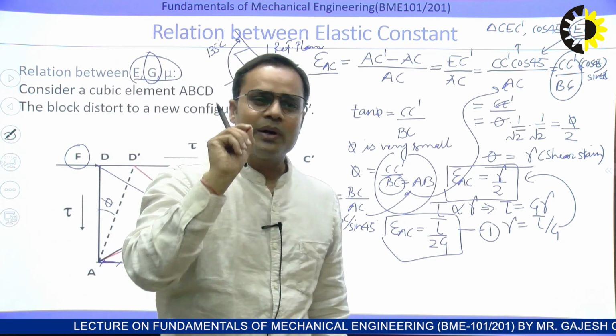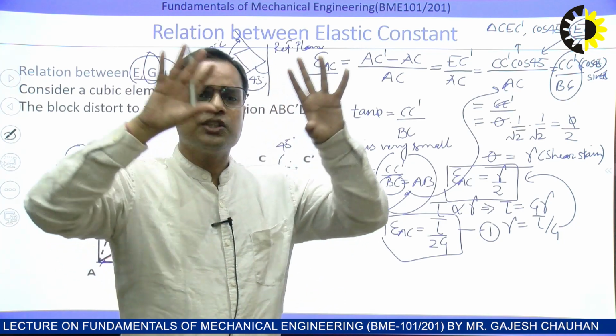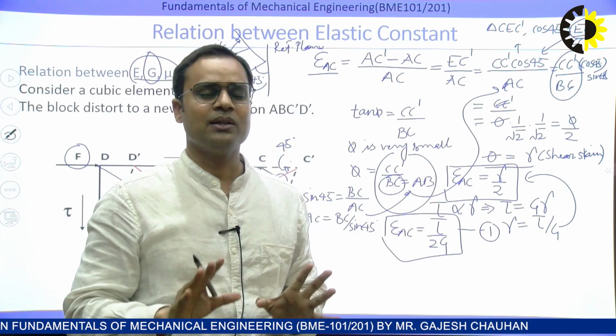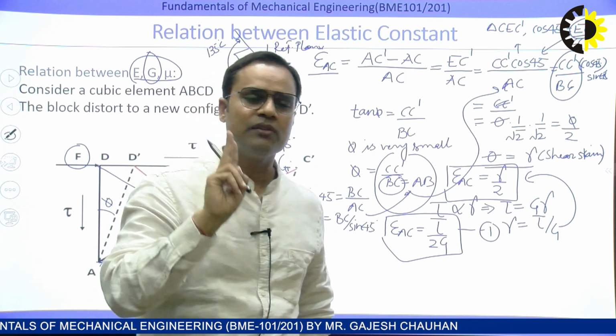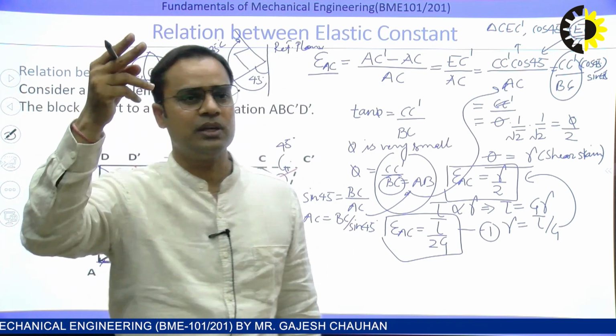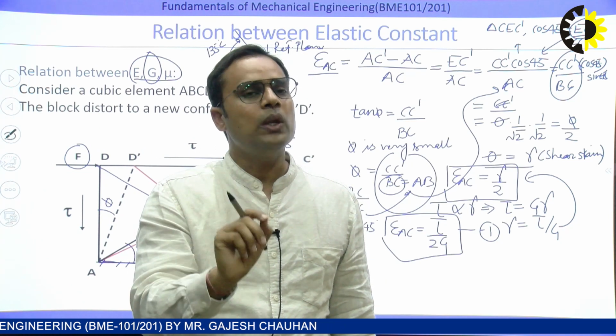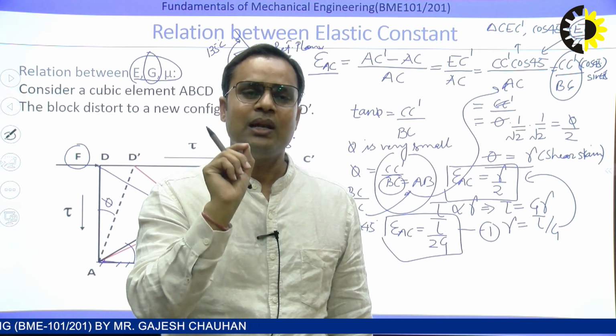When any member is under pure shear, only the shear force is acting over the member. There are two planes, one at 45 degree, another at 135 degree, subjected to only normal stresses.